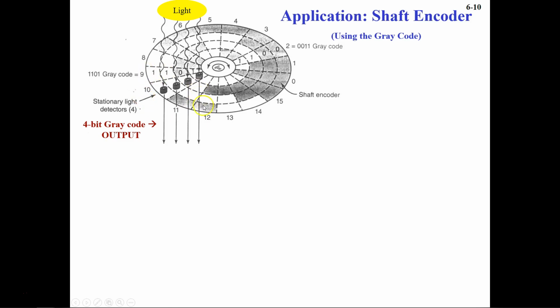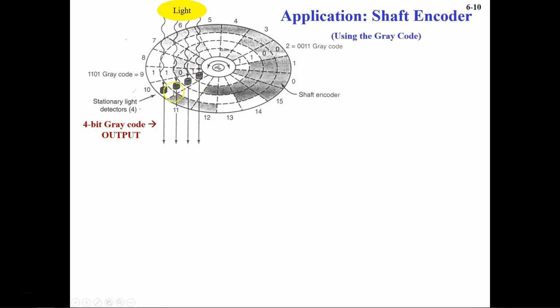At some places you see that it is dark. For example, here it is dark, here it is dark, and this is light. Wherever it is dark, the light will not pass through, and wherever it is light shade, the light may pass through to the stationary detectors.